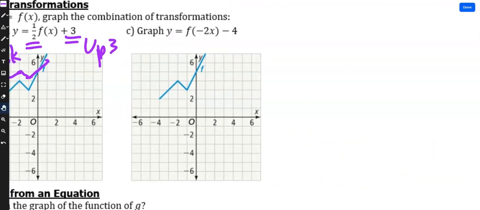Okay, we've got several things going on here. We got 3 things going on here. Now, 2 of those are on the inside with the x. So that would be a horizontal stretch because it's a 2, which is bigger than 1.